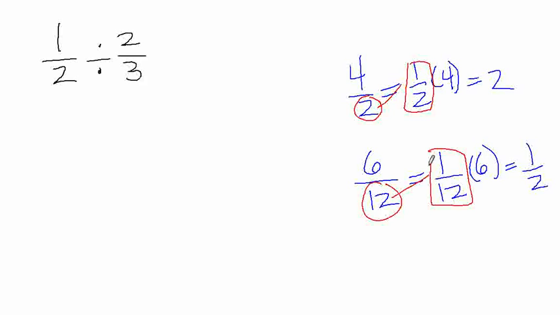Now with fractions, it's a little bit more complicated, but you can still do a reciprocal of a fraction. For example, let's take the reciprocal of 2/3. So 1 divided by 2/3. What does that mean?